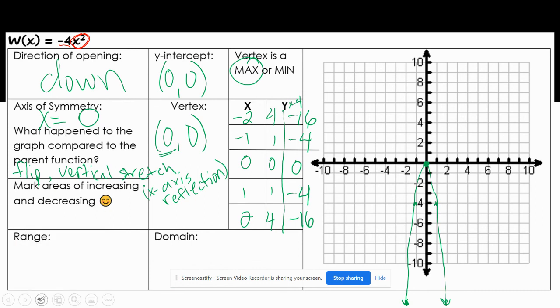Increasing and decreasing. On the left side, now my pen is going up to trace this graph from left to right. So we have increasing on the left side, and then our pen is going down on the right side, making that decreasing.